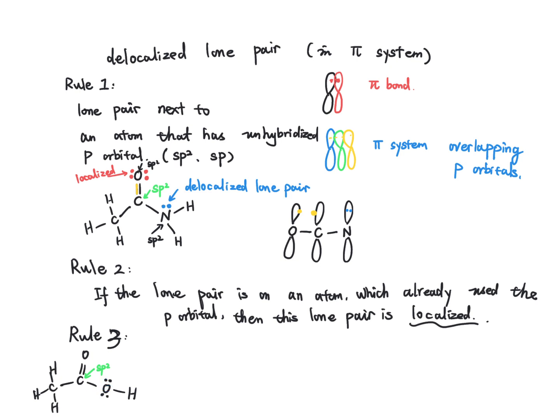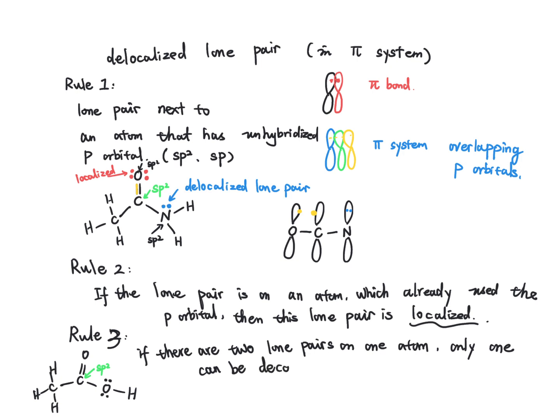Rule 3: if there are 2 lone pairs on one atom, only one can be delocalized. But this is under rule 1 first.